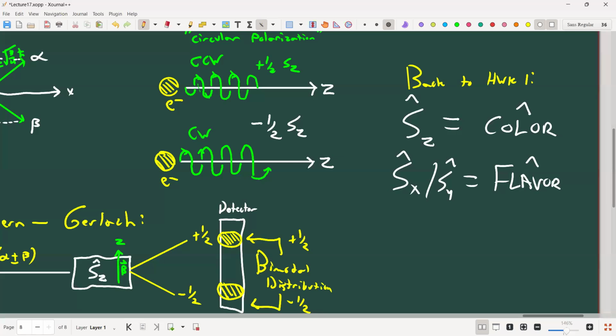Electrons are black and white. They can be plus 1/2 or minus 1/2. That's what I mean by black and white. So you've seen this math all semester, and now we're finally seeing it come back. This is what I mean by color and flavor. Color is one of the 3 directions. Remember, we can only know one of them, just like L with S, we can only know one direction.